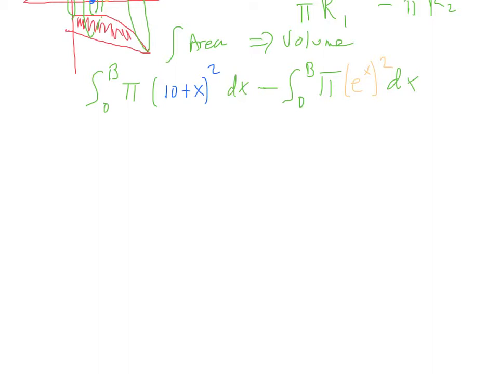So on this first integral, I have a pi and it's a constant, so constants can come out of integrals without any trouble. I can do the same thing and pull out the pi on the second integral as well.